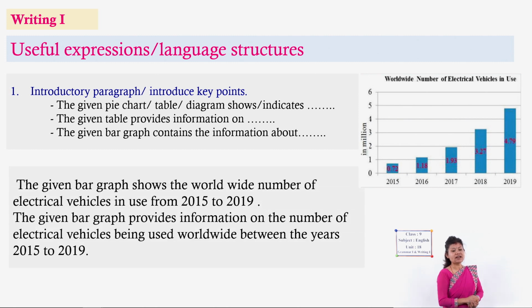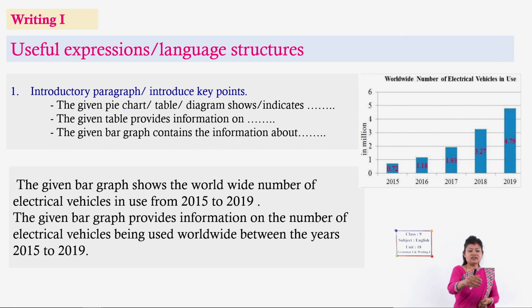Yes, we can simply write like this: the given bar graph shows the worldwide number of electrical vehicles in use from 2015 to 2019. I only copied the same from the question, as it is already given there.